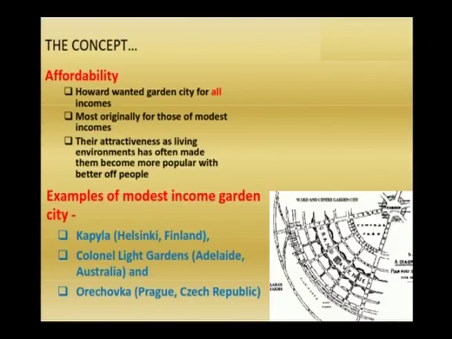If you look at the examples of modest income group garden cities, you have Kapiala in Finland, Colonel Light Gardens in Adelaide, Australia, and Prague, Czech Republic is another example. But because of the combination of both the urban as well as the rural scenario, it is often most preferred by the upper middle class and the richer economic class groups because it has the best of both worlds and because it's a better suited environment for their kind of living.